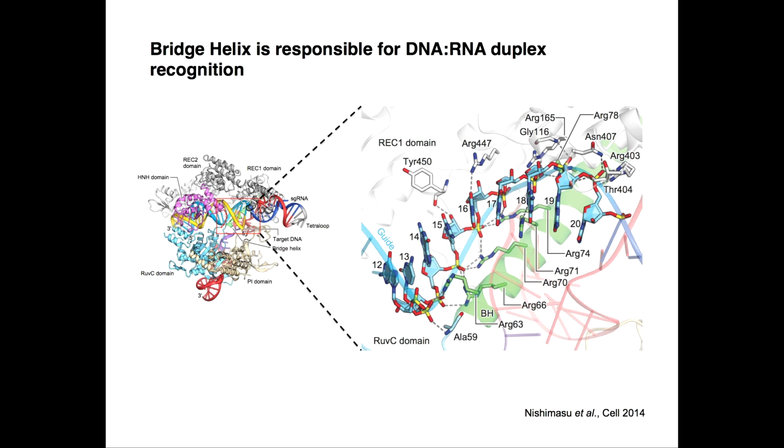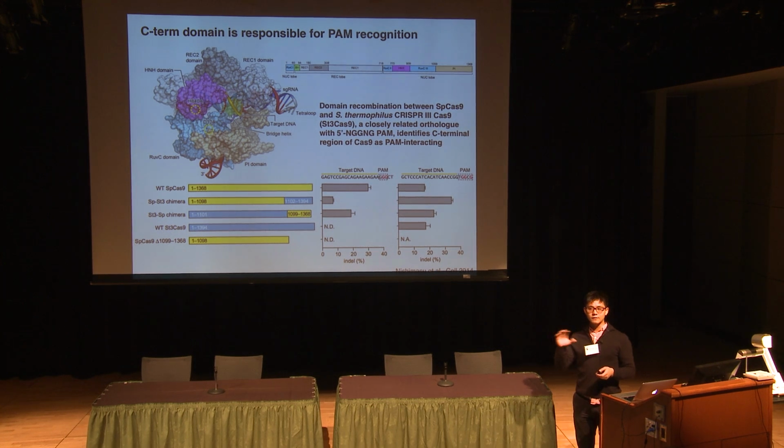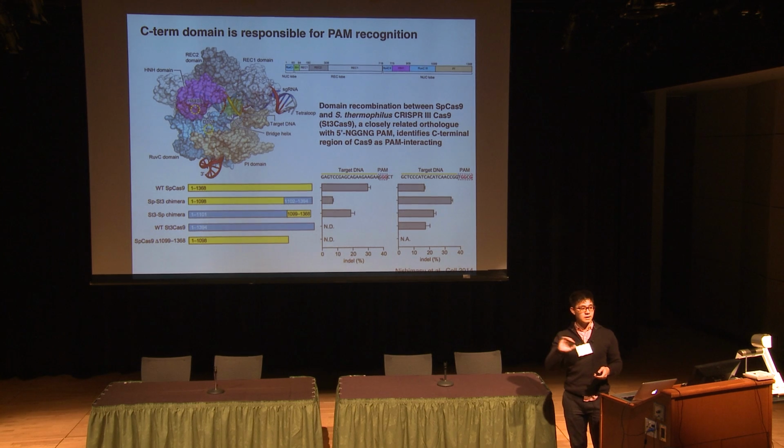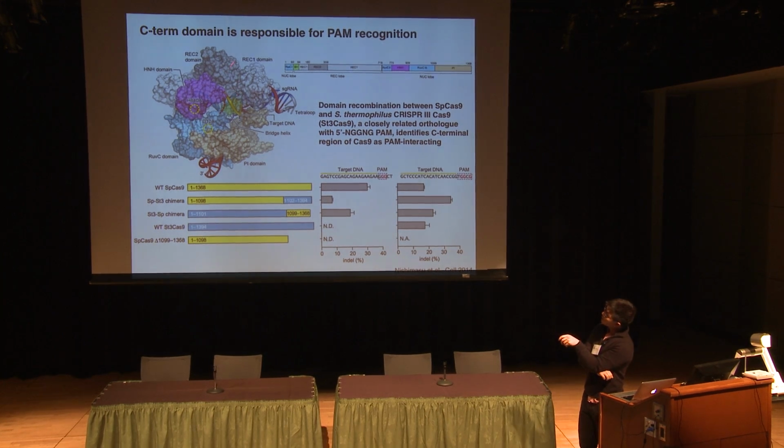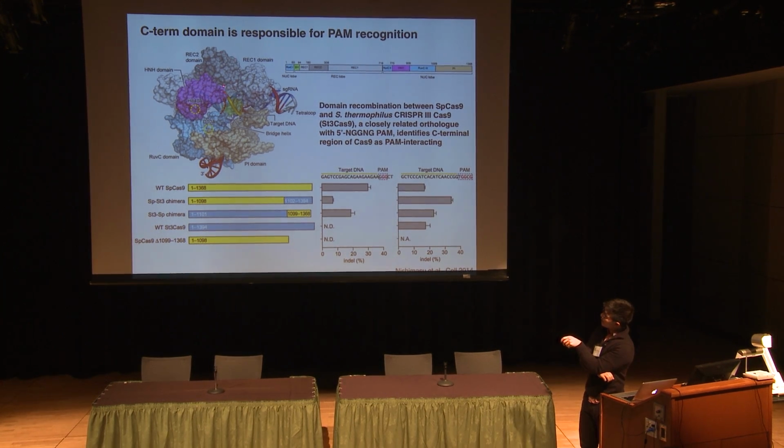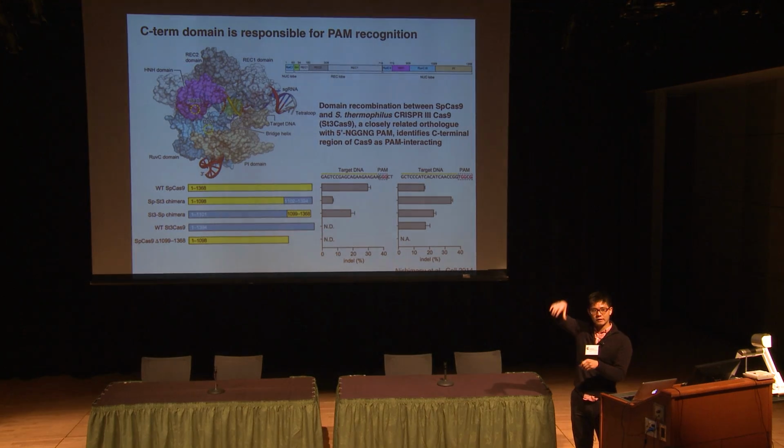We're running short on time, so I'll skip a couple of slides. The last one I want to talk about is the REC2 domain of Cas9. If we go back to the space-filling model, you'll see that these REC domains, which stand for recognition, are involved in recognizing the RNA-DNA heteroduplex. However, this REC2 domain pops up out of the crystal structure.